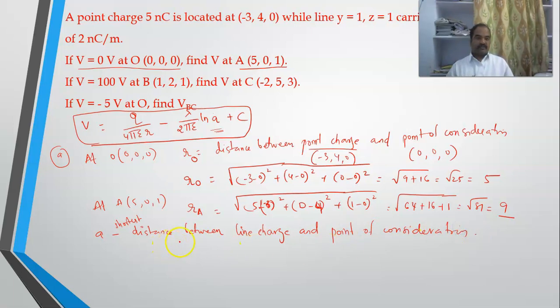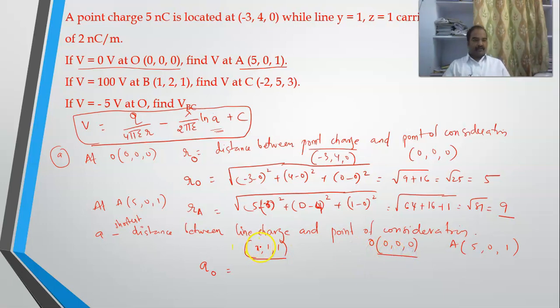So how to determine the shortest distance? The line charge is already at (x, 1, 1). Now my point of consideration, O is here and A is at (5, 0, 1). So what is the shortest distance between these points? For the origin, it is the distance between this point and this point, right?